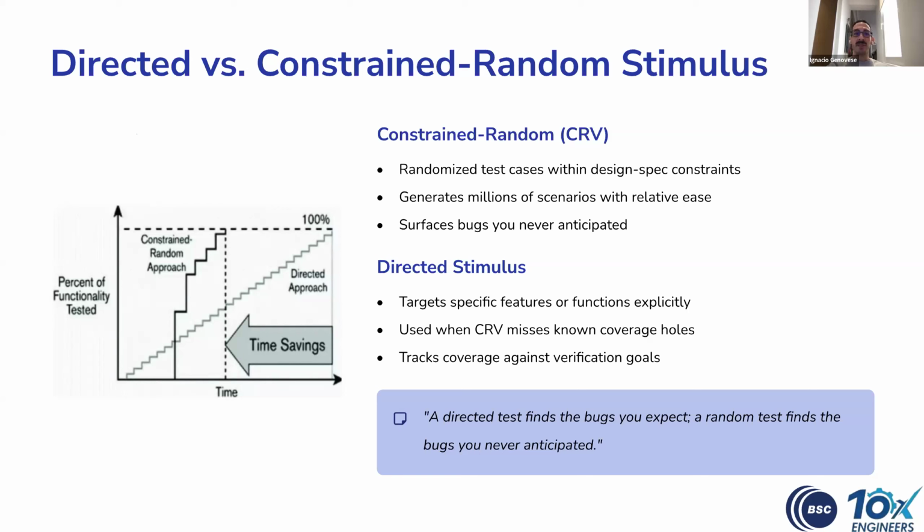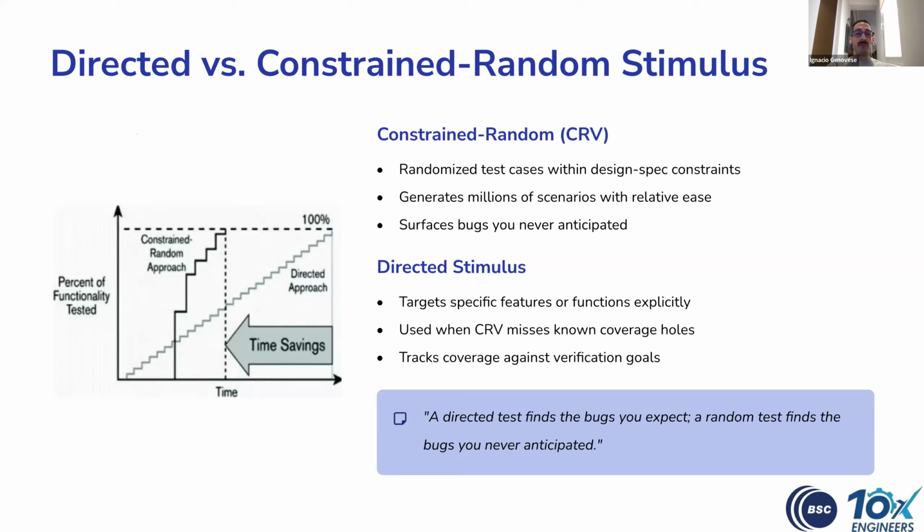So you write a test for a specific feature. Meanwhile, a constrained random test finds the bugs that you have never anticipated. So you write a test that says generate 1,000 random but legal instructions, for example, for my CPU. And this might hit a corner case that you never thought to write in a directed test.